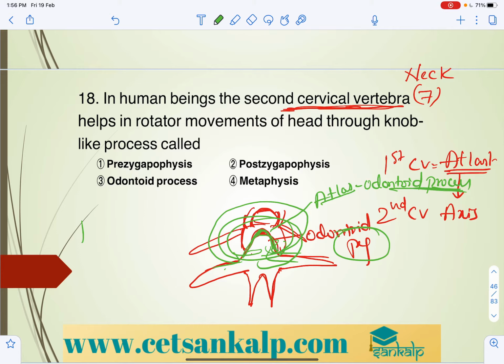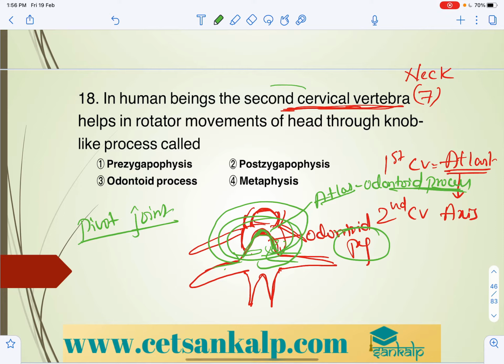That is why we say that joint is called a pivot joint. One bone shows rotatory movement, which helps in neck rotation, that is, it turns to right or left. That is what we can say about the odontoid process.